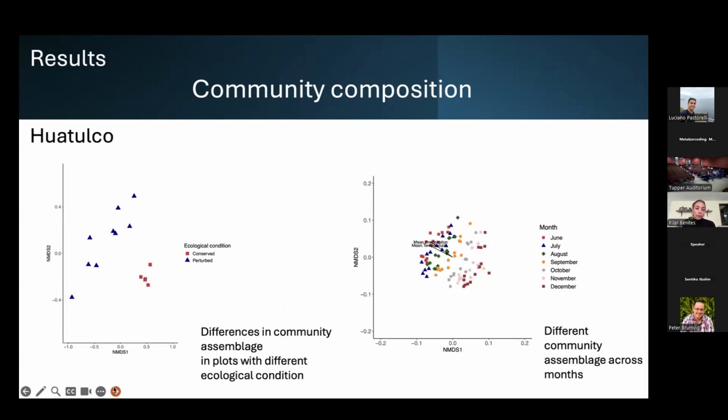So same with Huatulco. Across month we see more gradual change, not so separated in space as in Chamela, but also following temperature and precipitation.